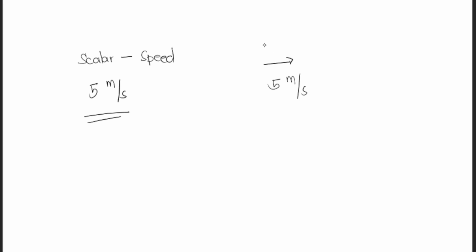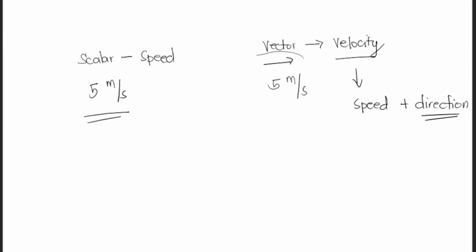On the other hand, this is a vector and it is now called velocity. So we can conclude based on this representation that velocity is speed plus direction.